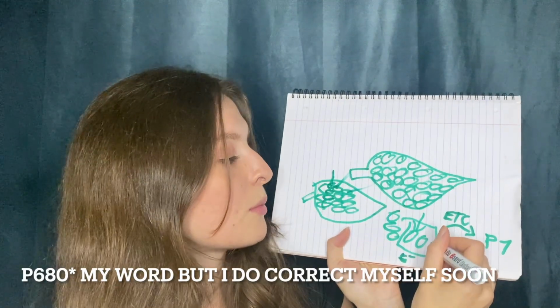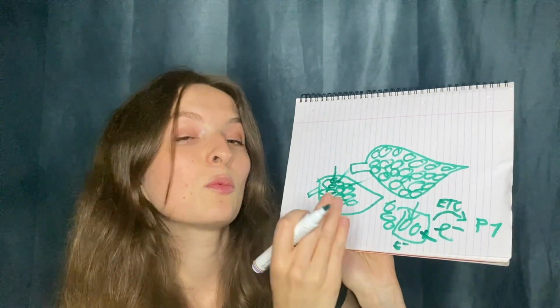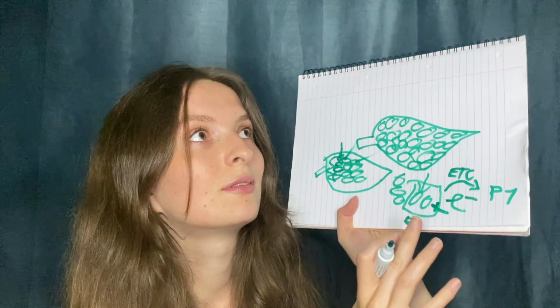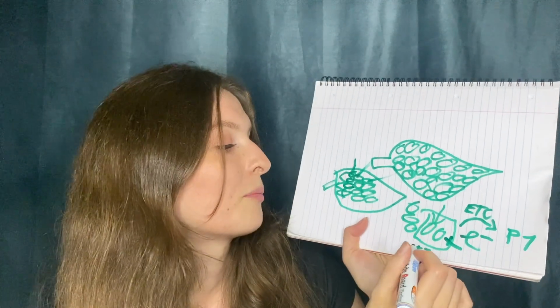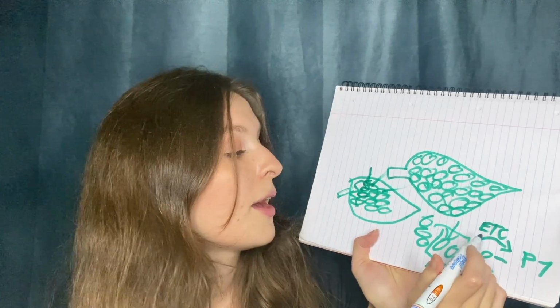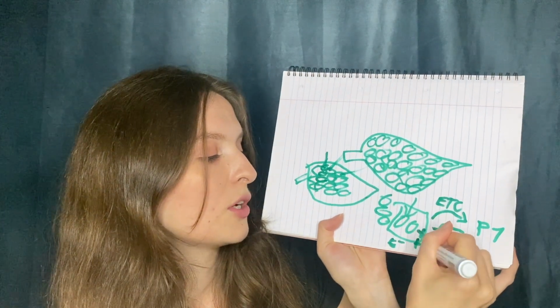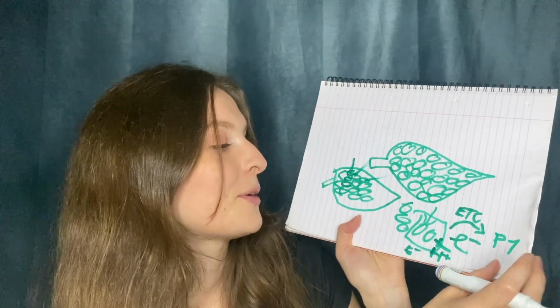So the P680 molecules are now positively charged, which means they want to return to that stable state. So it accepts an electron from water, and that causes water to be split with oxygen as a byproduct, and protons are also generated, H+. And these are important, but I'll explain a bit later.